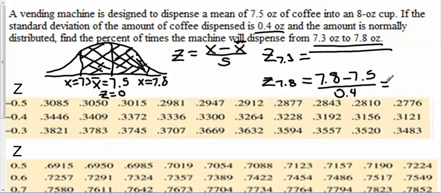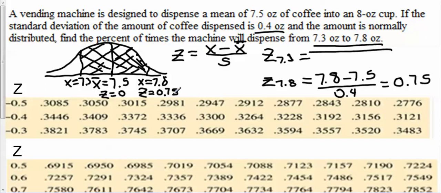If you subtract, you get 0.3 divided by 0.4, you get a positive 0.75. So I'll write that right underneath 7.8: it has a z-score of 0.75. I always like to keep my x's and my z's below the horizontal line and my areas and percents above the horizontal line.